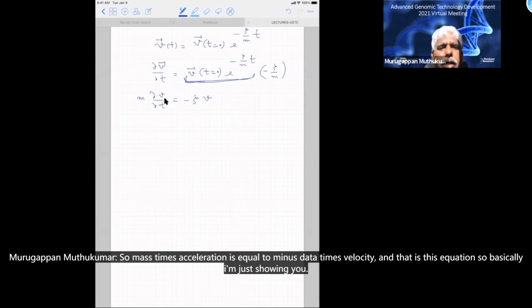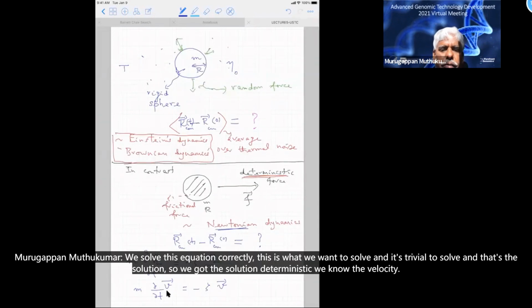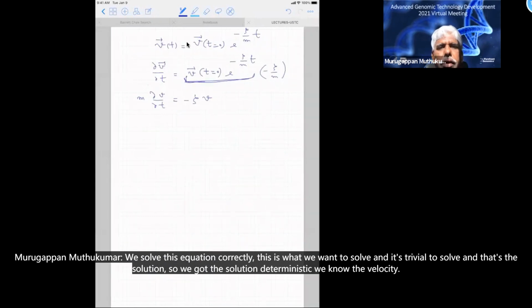So mass times acceleration is equal to minus zeta times velocity, and that is this equation. So basically, I'm just showing you we solved this equation correctly. This is what we want to solve, and it's trivial to solve, and that's the solution. So we got the solution. Deterministic, we know the velocity.